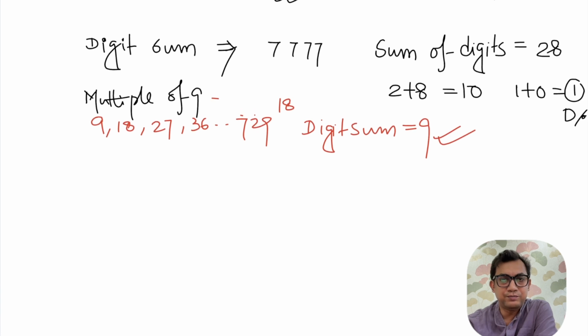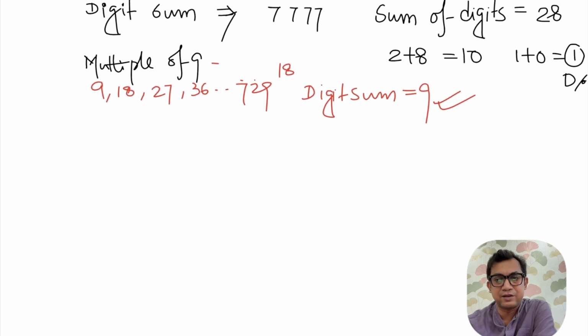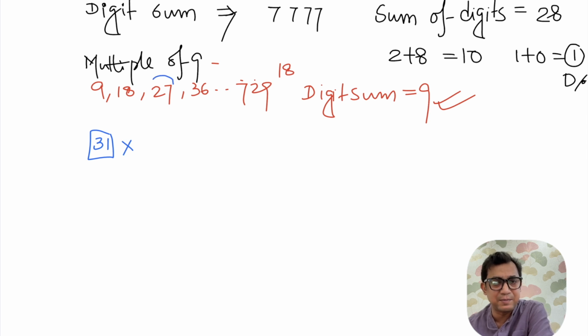And also about the cases which are not a multiple of 9. Say I am talking about 31. Is 31 a multiple of 9? No, it's not. So if 27 is a multiple of 9, when divided by 9 it leaves the remainder 0. But 31 is not a multiple of 9, so it will not leave a remainder 0.